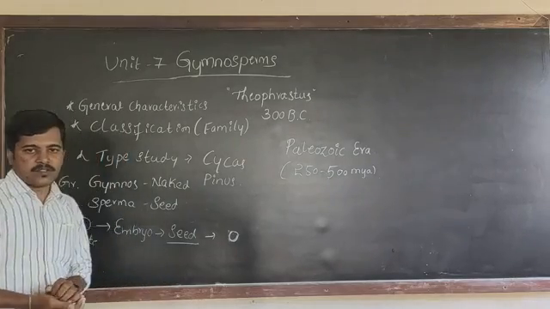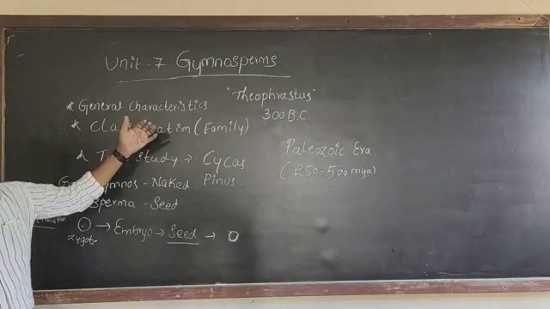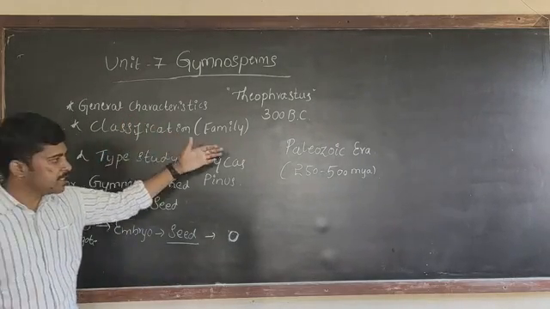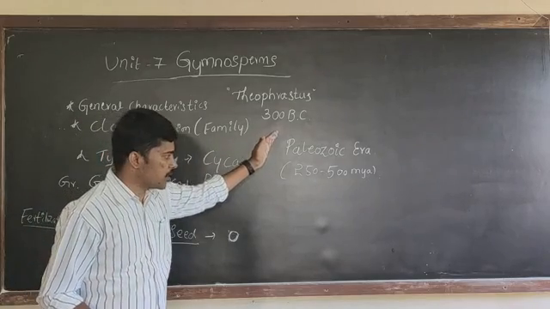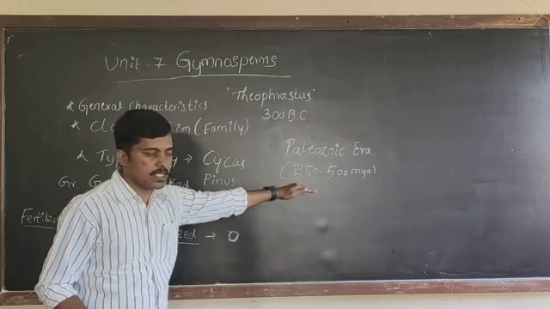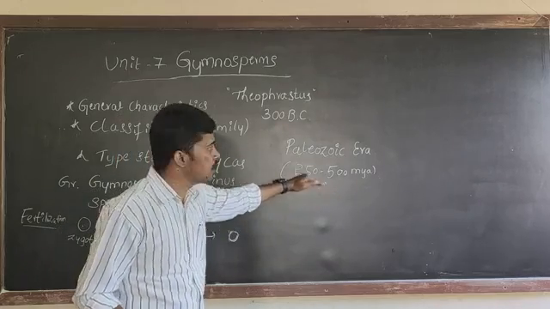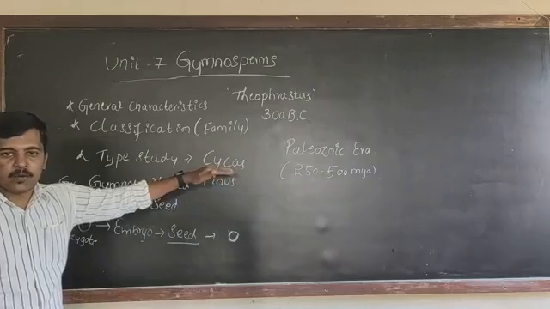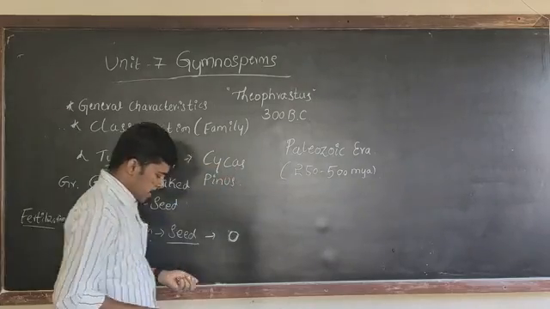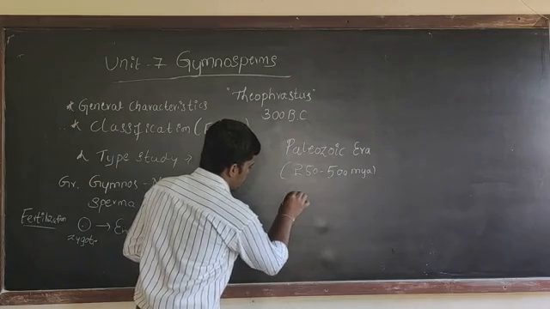These gymnosperms started originating on the earth in this Paleozoic era, 250 to 500 million years back, and they were dominant in the Mesozoic era.